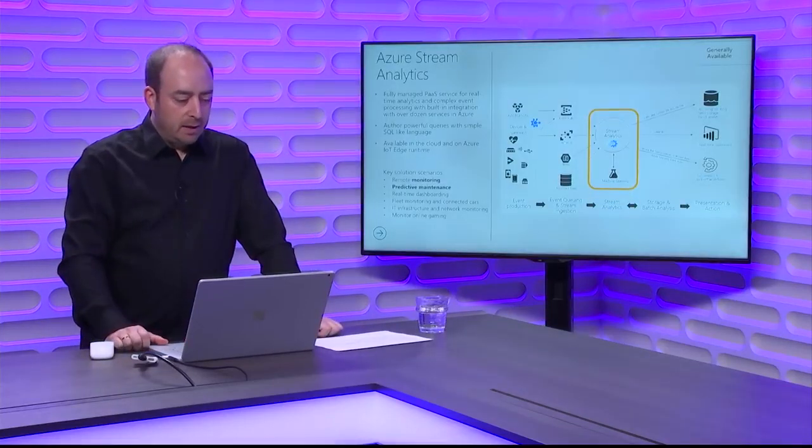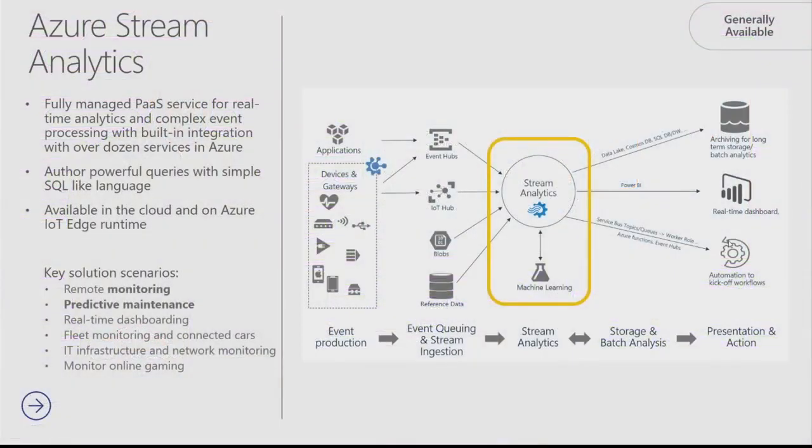And then something else that I want to highlight is about Azure Stream Analytics. This is right now generally available, and you can integrate machine learning, and also ML.NET, with Stream Analytics.